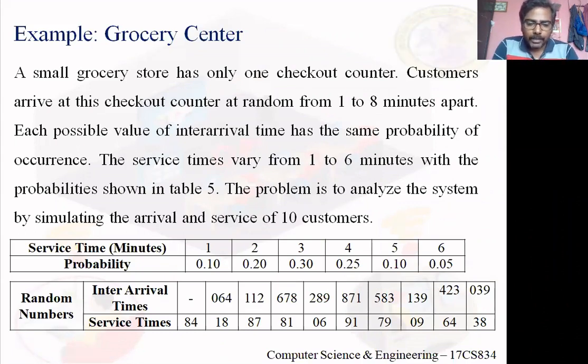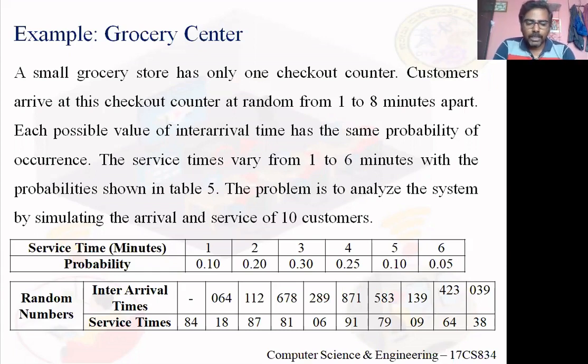I repeat, in this case, I won't specify inter-arrival time values and service time values. Here, I'm simulating for 10 customers. So actually, I should give you 9 inter-arrival times and 10 service time values.